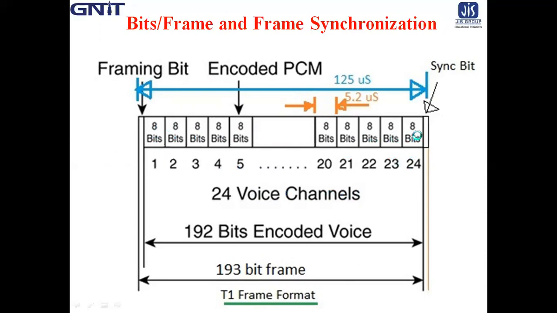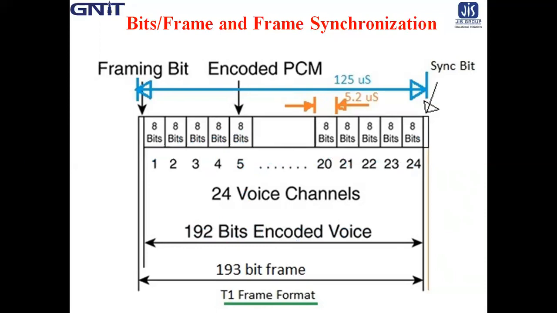So how many total bits are present in a frame? 24 into 8, that is 192 bits present in a frame. Clear? Okay.